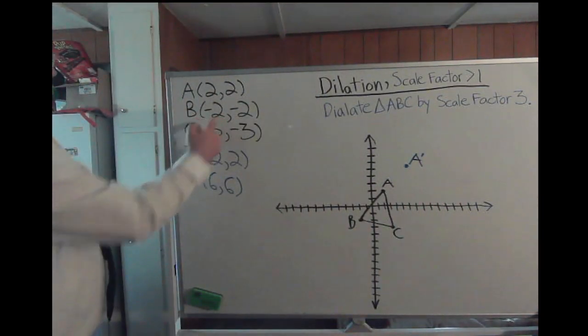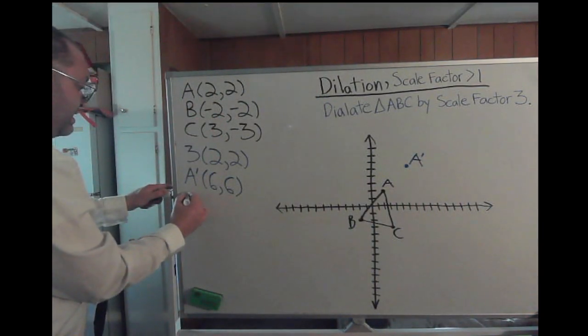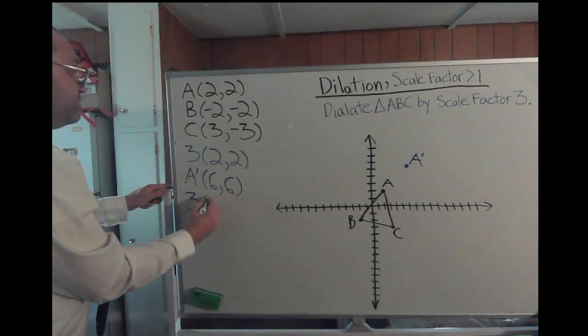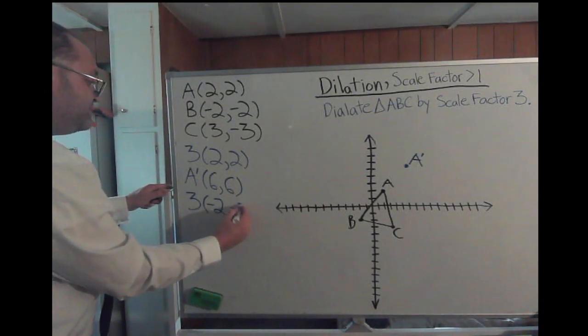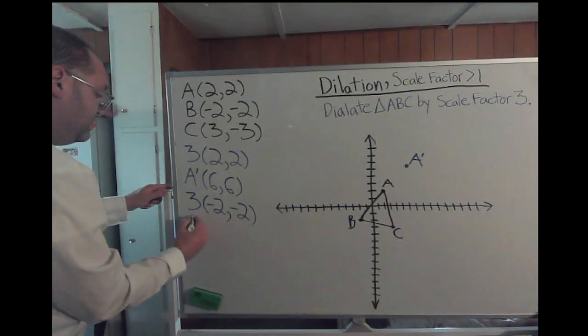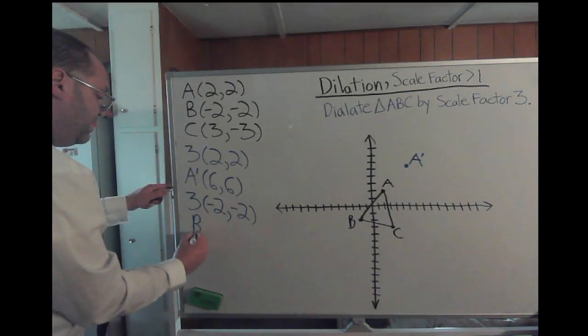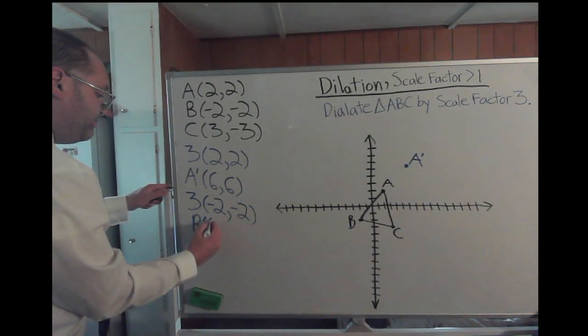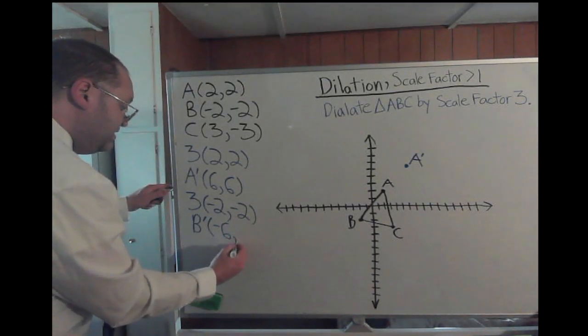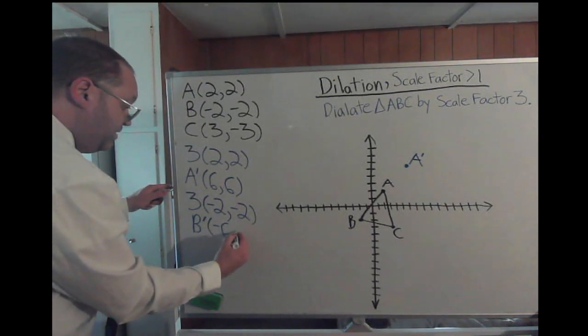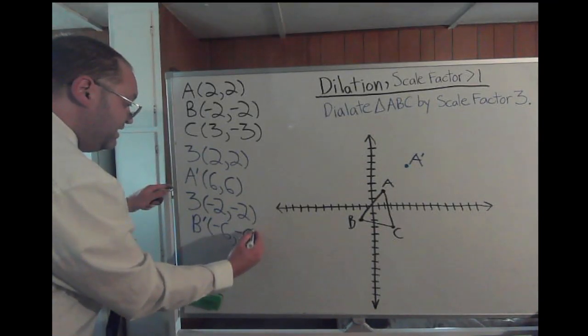Now let's deal with B. You're going to take that scale factor of 3 times your coordinates for B, so 3 times -2, -2, which means that B prime, if you do 3 times -2, you'll get -6. If you do 3 times -2 for y, you'll get that coordinate also being -6.